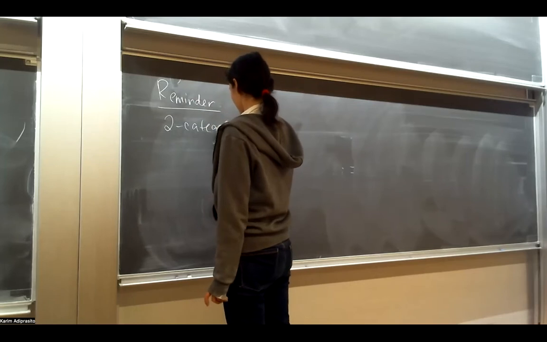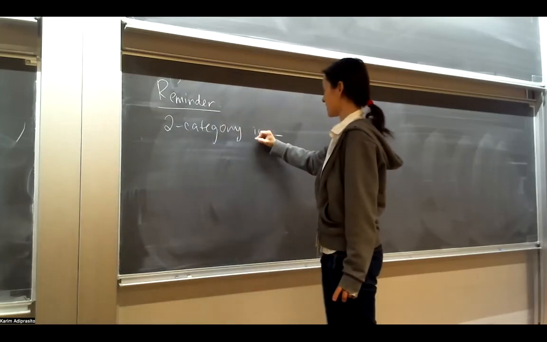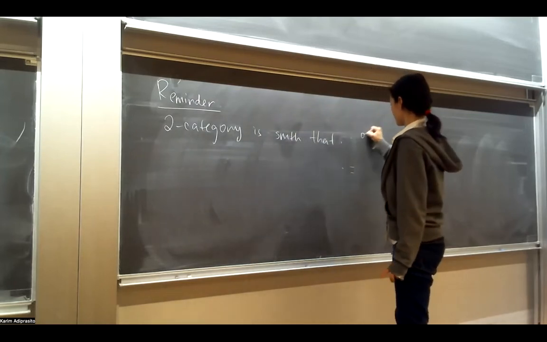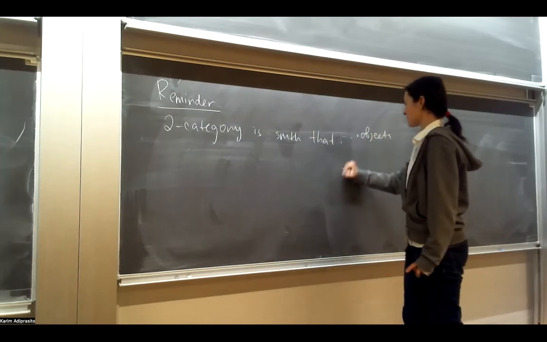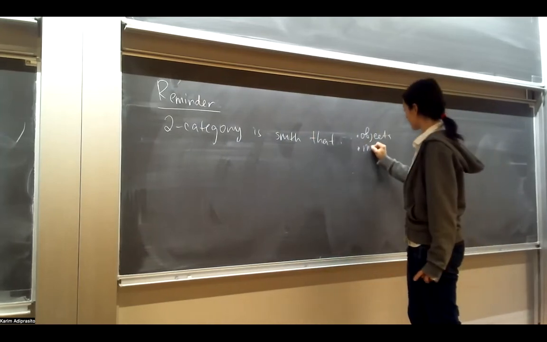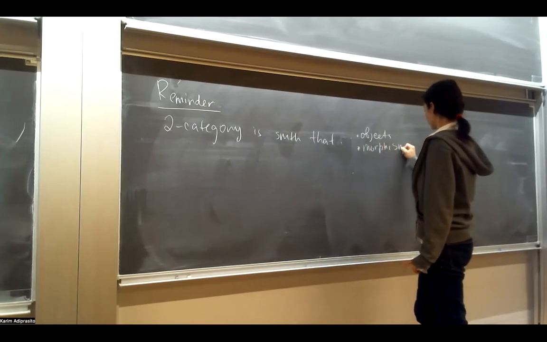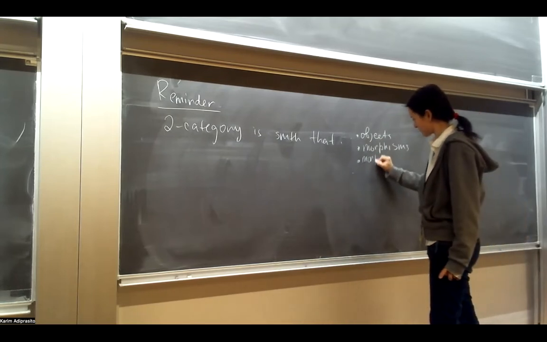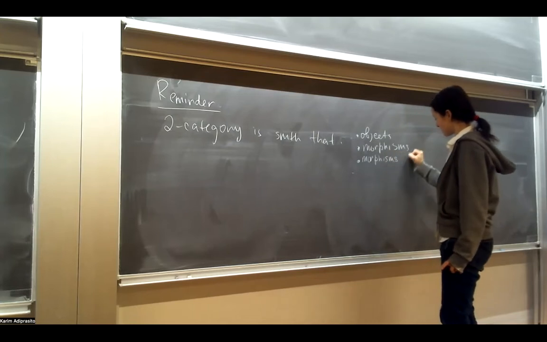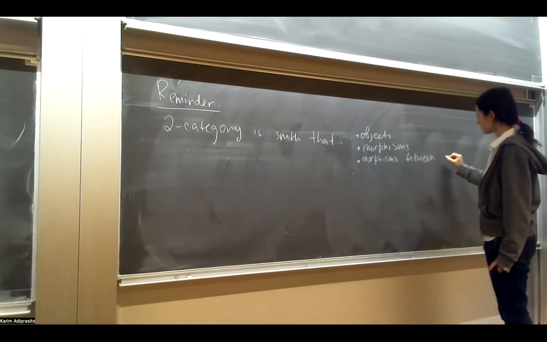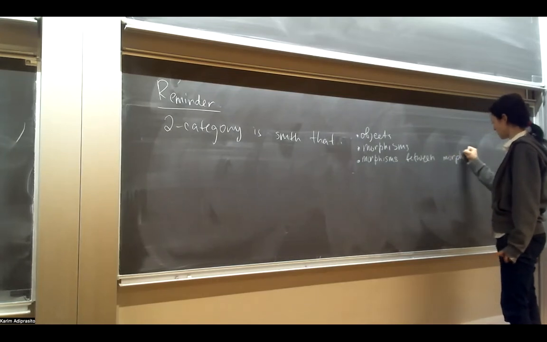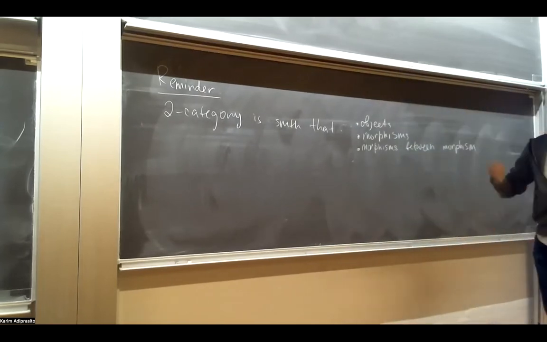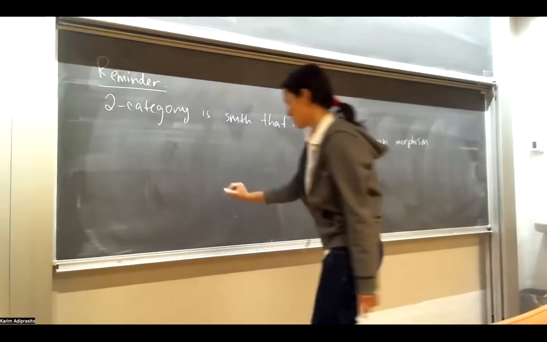So a reminder, a 2-category is something that has objects, morphisms, and morphisms between morphisms. Let me draw a picture of something that can happen in the category.